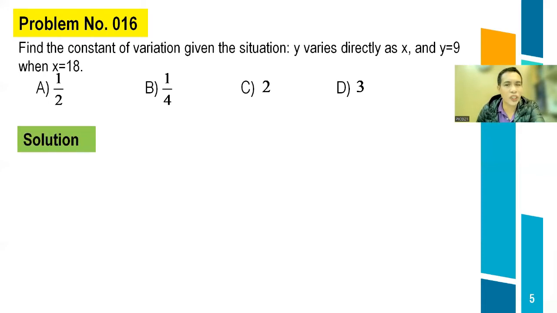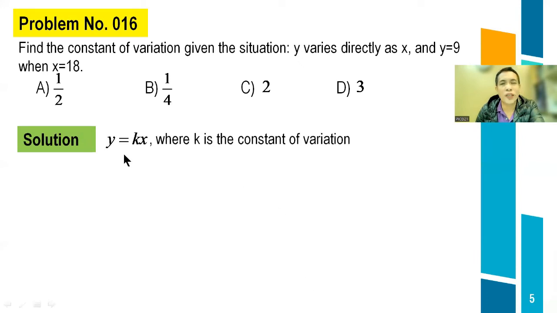For the solution, this is the formula for direct variation: y is equal to kx, where k is the constant of variation. We substitute y is equal to 9 and x is 18, so 9 is equal to 18k.